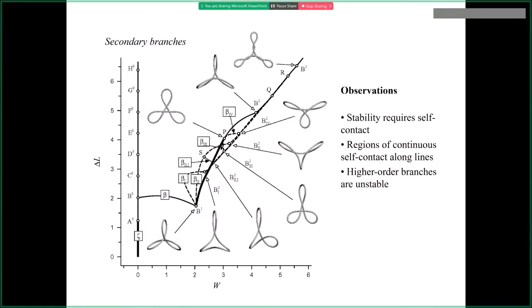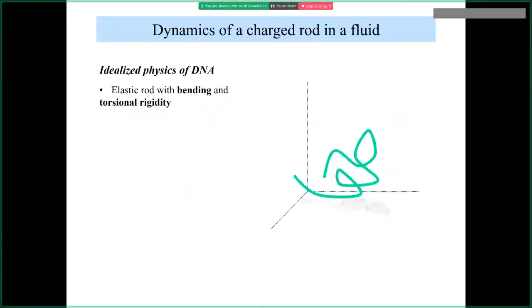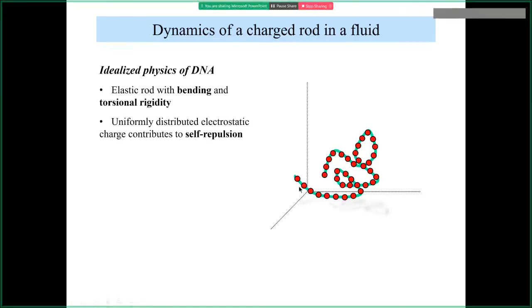Okay, so I think I'm going to go on then to the dynamics. So if we want to analyze the dynamics of DNA configurations and DNA supercoiling, then we need to include some other physical phenomenon. So we still include the bending and torsional rigidity, but we also include electrostatic repulsion, because the DNA is a negatively charged molecule and it will repel itself locally.